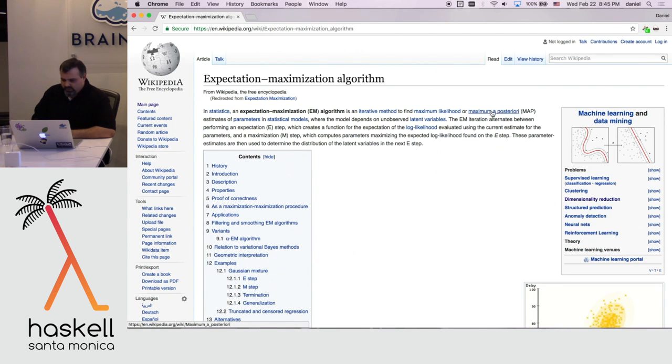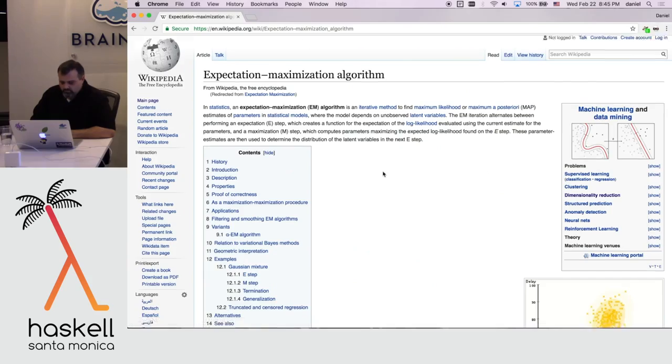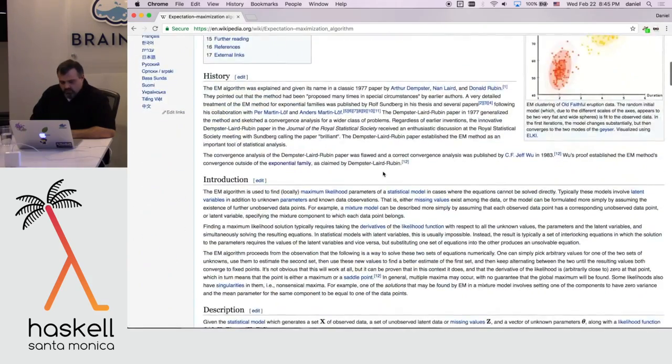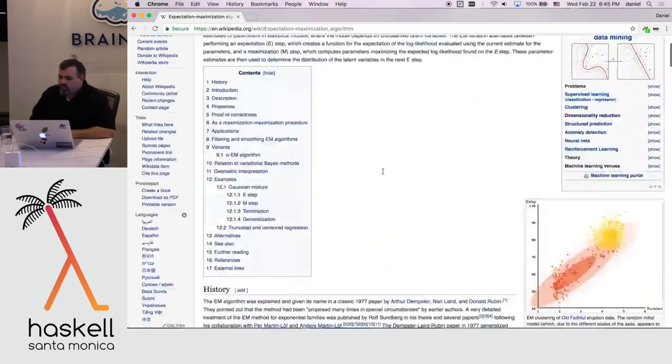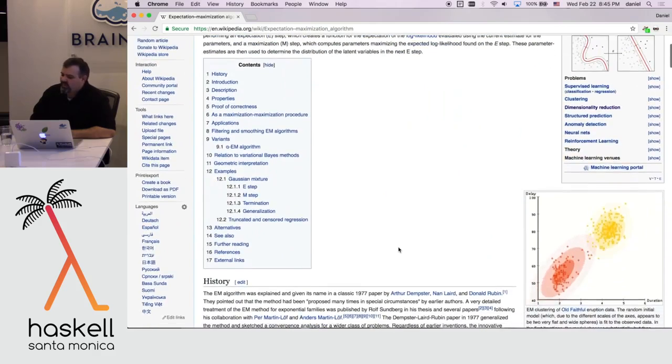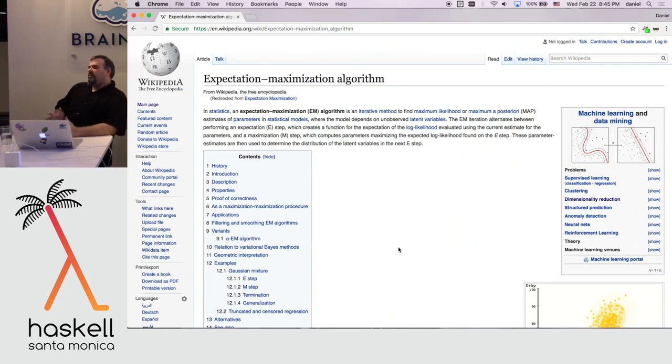Method of maximum likelihood or maximum posterior. Okay, so what makes Thompson sampling a bandit solving algorithm in particular? So it is reinforcement learning. It's a bandit solving algorithm, so it solves the multi-armed bandit problem, where you have slot machines, and we have to pay in order to get an observation.